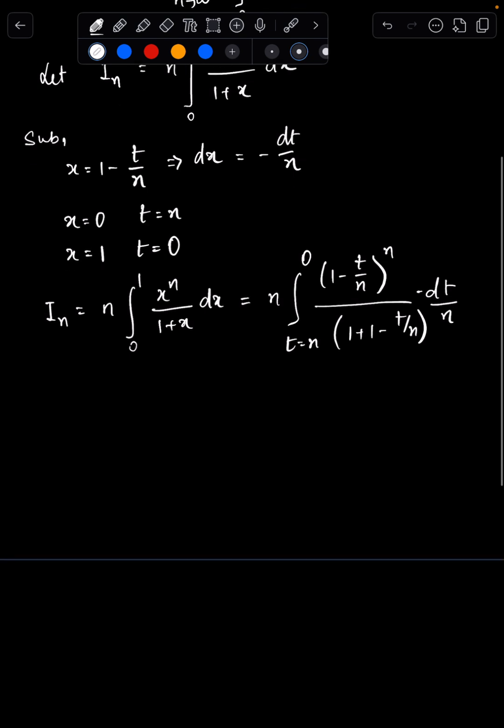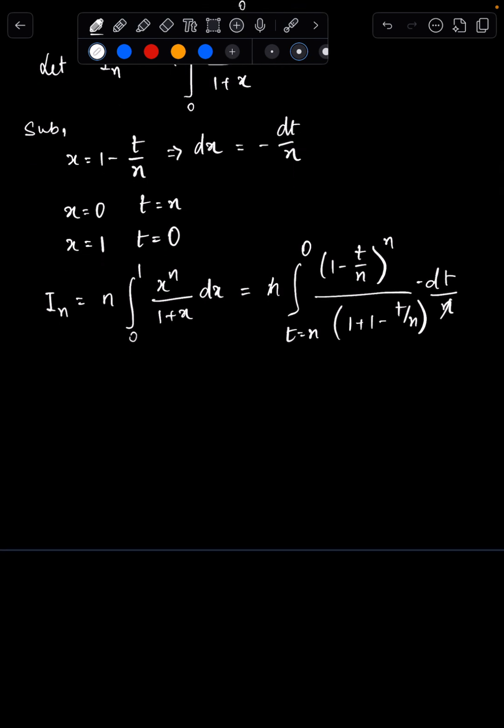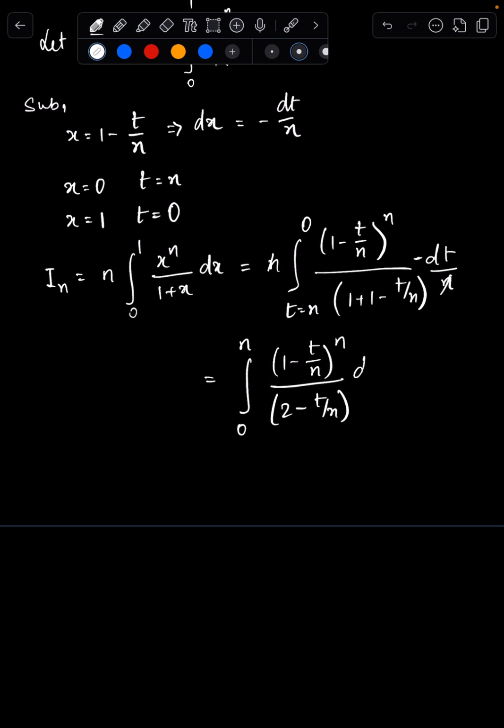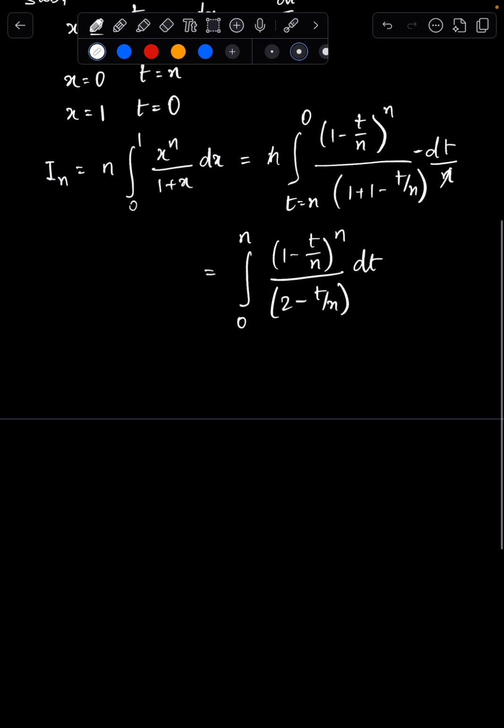So this n and this n get cancelled. You're getting the intention of using this term, right? The negative sign will interchange the limits, so we will have limits from 0 to n, and our integral will look like (1 - t/n)^n / (2 - t/n) dt. So this is my fresh integral.